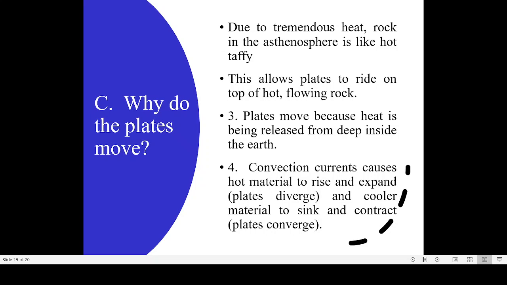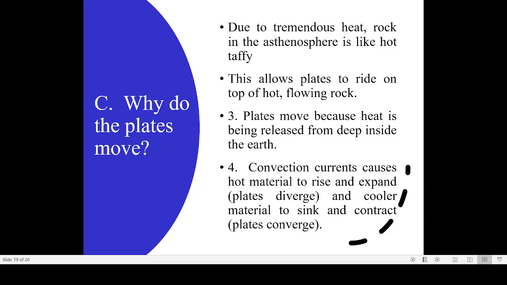It is due to the heat generated by the liquid magma or liquid mantle that the rocks move. So the movement of the rocks is actually caused by the tremendous heat. The mantle itself is at a temperature of 1500 or 2000, very high temperature, and that temperature is mainly responsible for the movement of the continental rocks as well as the continental plates and the oceanic plates.